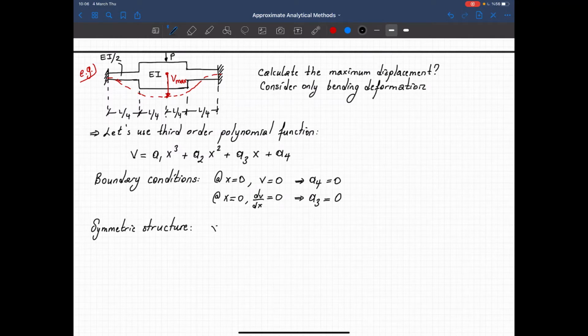So at x is equal to L over 2, v is equal to Vmax, and from there I obtain Vmax as equal to a1 times L cubed over 8 plus a2 times L squared over 4.